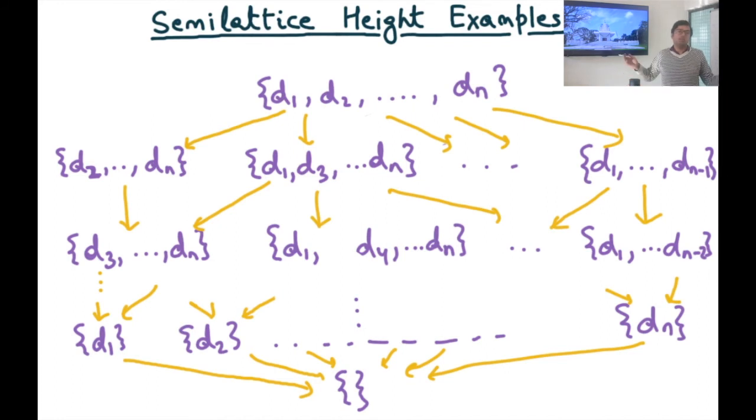Well, it's going to be the maximum number of elements, because with every edge I have to reduce at least one element. So the maximum path length is nothing but n, and so the height of this particular semilattice is actually n. Notice that the number of elements in the semilattice is 2 to the power n, but the height is n. So the height is actually much smaller than the number of elements.